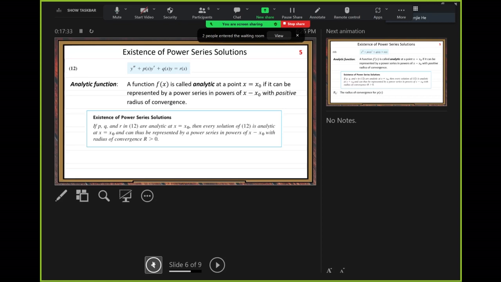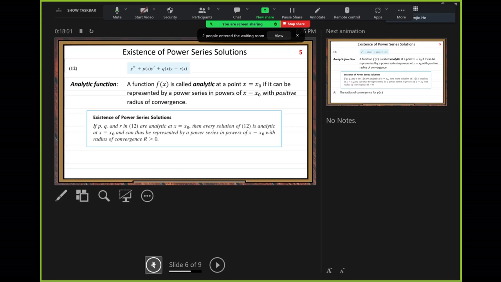we can expand them as power series at the same point x0, with positive radius of convergence. Here we can assume they have three positive radii of convergence, R1, R2, R3, because the radius may not be the same.